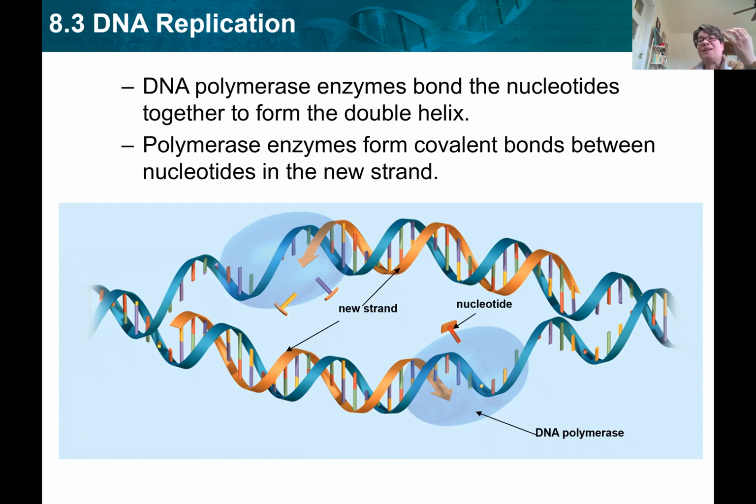So like nylon string is a polymer because you just keep putting the same molecules together and building a nylon string. And so polymerase makes sense because you're putting all these little pieces together in a chain. So polymerase is bringing in the nucleotides and hydrogen bonding them, and then it's making these covalent bonds with the backbone. And so you can see that we're unzipping and we're getting 2 new strands from this eventually.